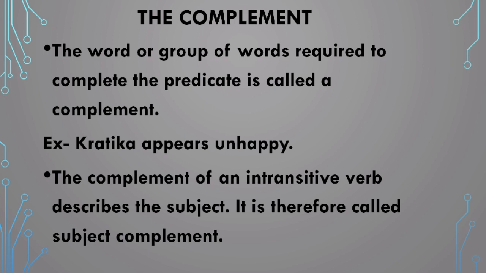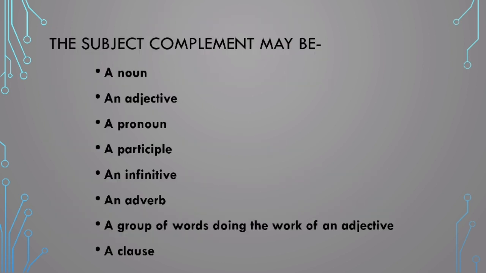Okay? Complement of intransitive verbs describe करते हैं subject को, and that is why they are known as subject complement. Now, our subject complement may be a noun, adjective, pronoun, participle, infinitive, adverb, or a group of words doing the work of an adjective or a clause. Okay, these could be the subject complements, right?